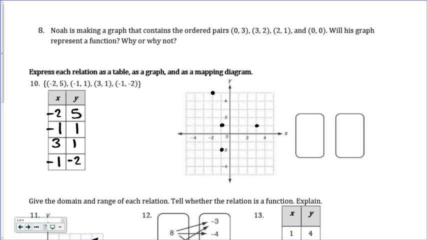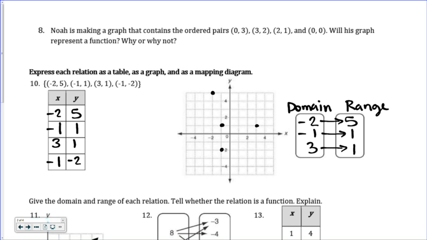For your mapping, we're plugging in the values, all of our domains. Okay, so our domains are -2, -1, and 3. And then our range, we have 5. So -2 is giving us 5. -1 gives us 1. 3 is 1.